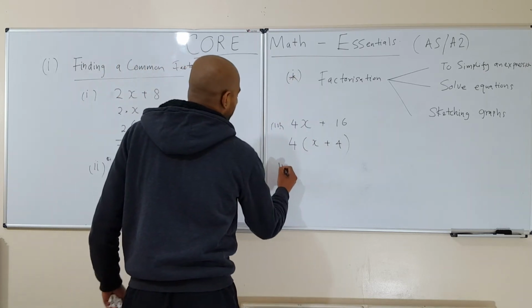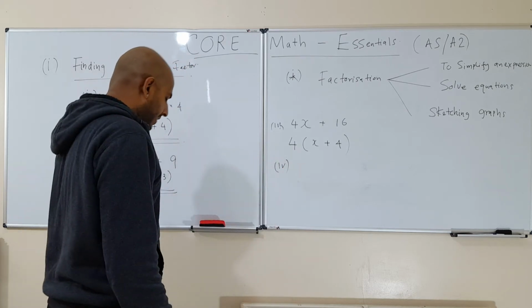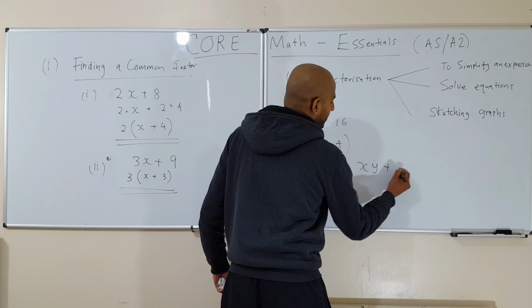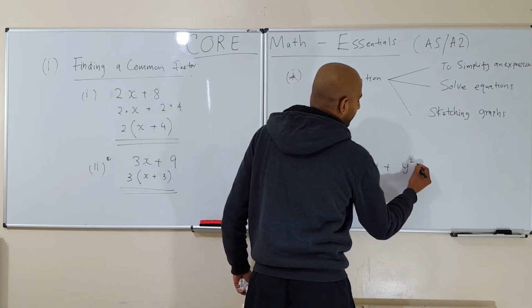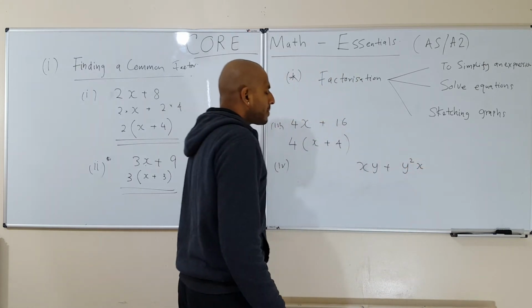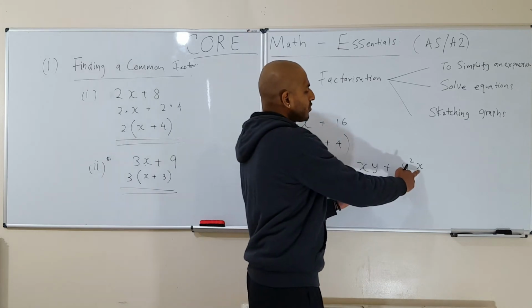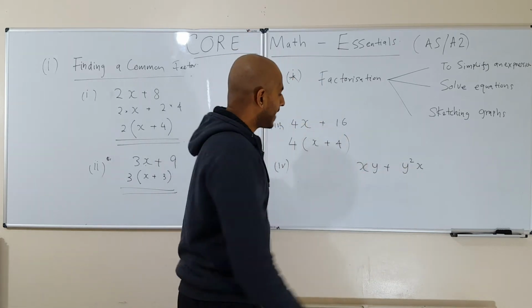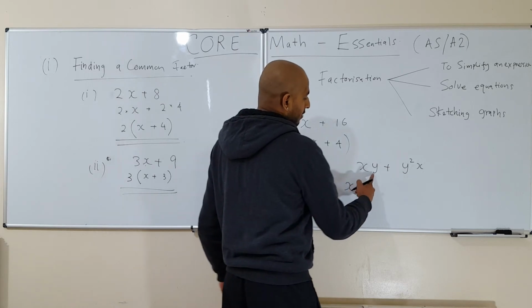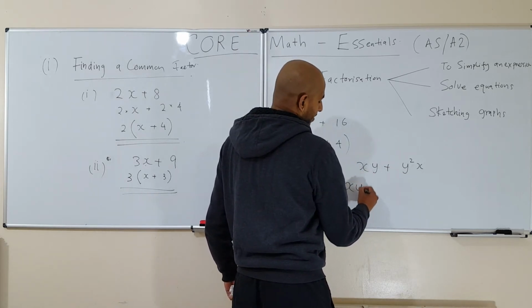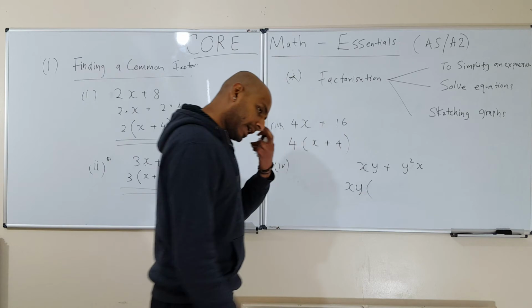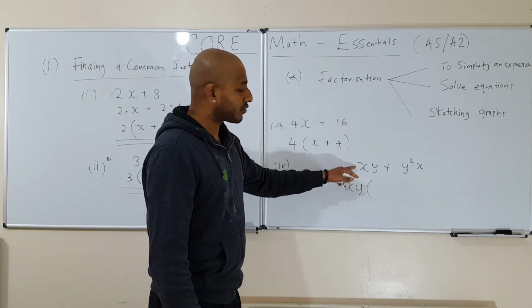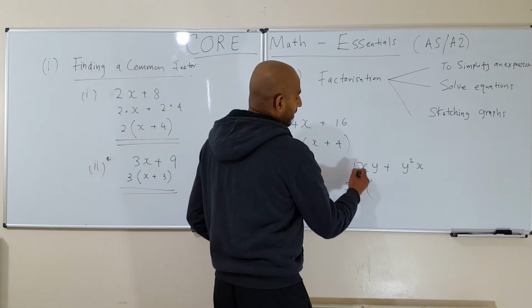Number 3, number 4. For an example, there's another one, slightly different. Let's say we have something like xy plus y squared x. We can clearly see x goes into both, because we can divide both by x, so x can be taken out. And if y goes into both, take y out as well. When you take an xy out, sometimes students tend to think there's nothing there, but there is 1 there, because 1 times xy.